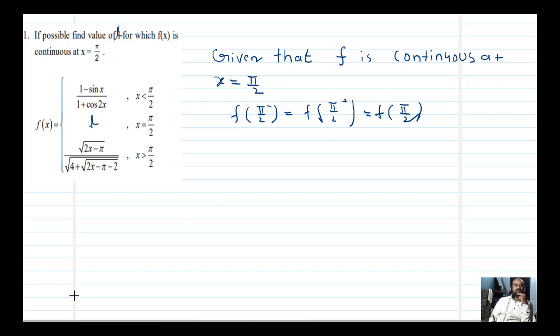First of all, I want to find f of pi by 2 minus, that is called LHL.